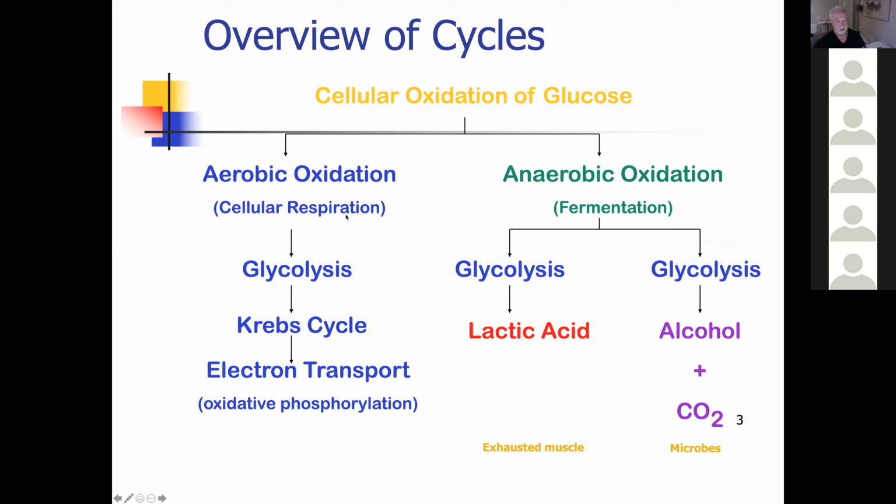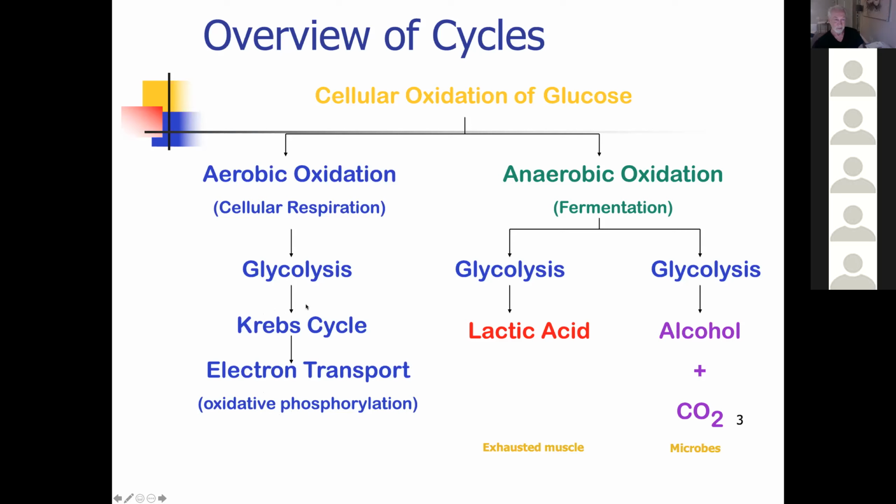It's also known as cellular respiration. A key in this process is glycolysis. Glycolysis is literally lysis of glucose, which means breaking of glucose apart. And that leads to what is called the Krebs cycle. And we'll talk in detail about that. The Krebs cycle involves electron transport, and that leads to oxidative phosphorylation. We get a lot of energy from that.